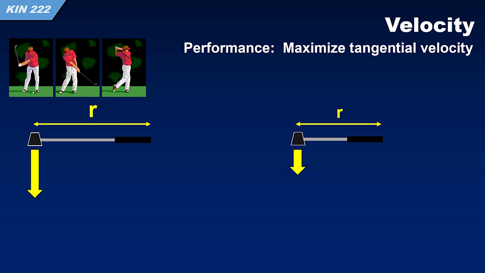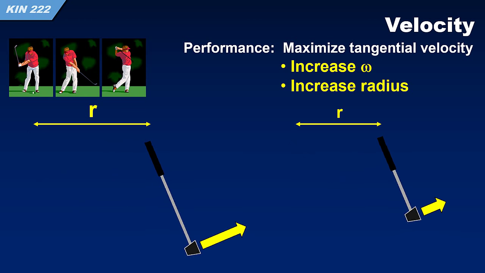And now that we know that the tangential velocity is related to 2 things, those are the 2 things you can do if you want to increase the club head speed. You can either increase the angular velocity, so how fast you're rotating the club, or you can increase the radius, or how far away the club head is from the center of rotation. And that's the reason why the club that's used to hit the farthest, in other words the driver, is the longest club in the bag.